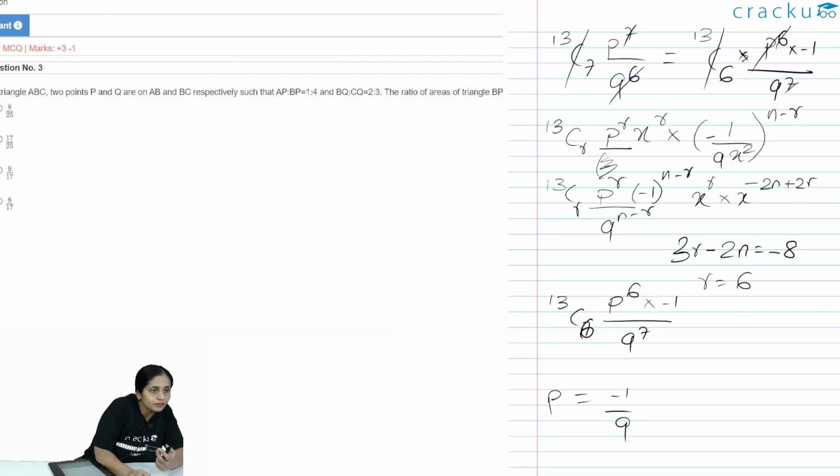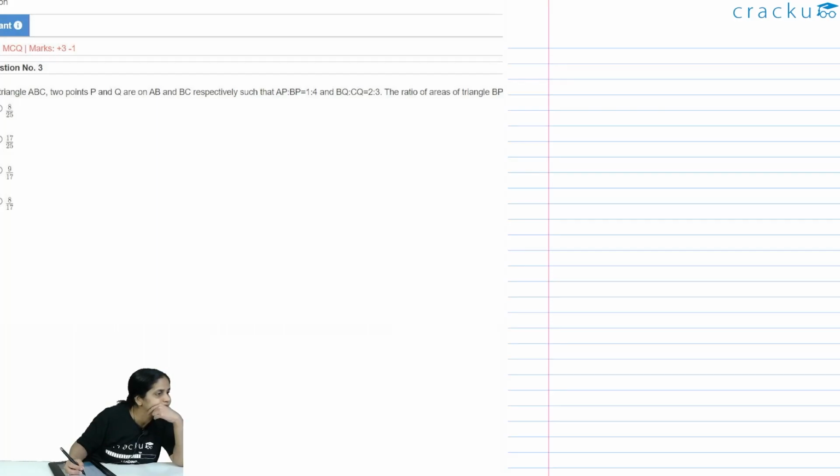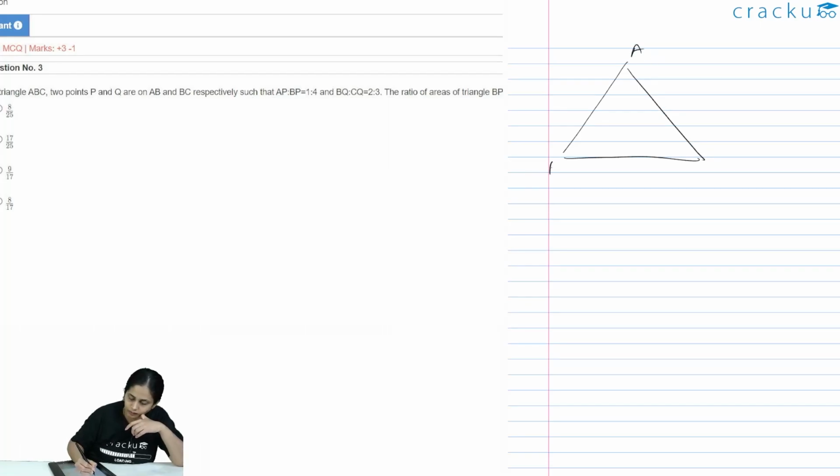In the triangle, okay, I have spent too much time over here. In triangle ABC, two points P and Q are on AB and BC. The ratio of AP to PB is x to 4x, and BQ to CQ is 2y to 3y.